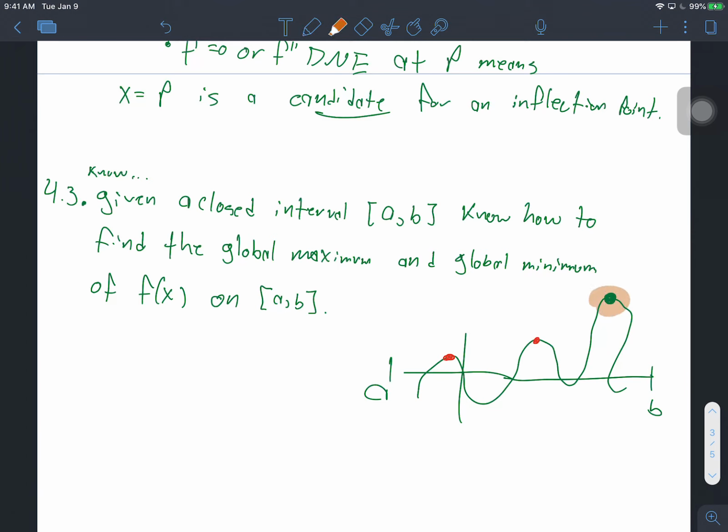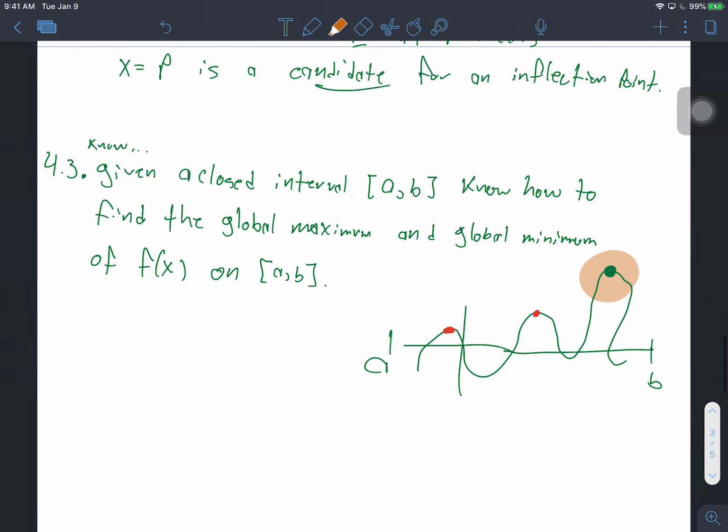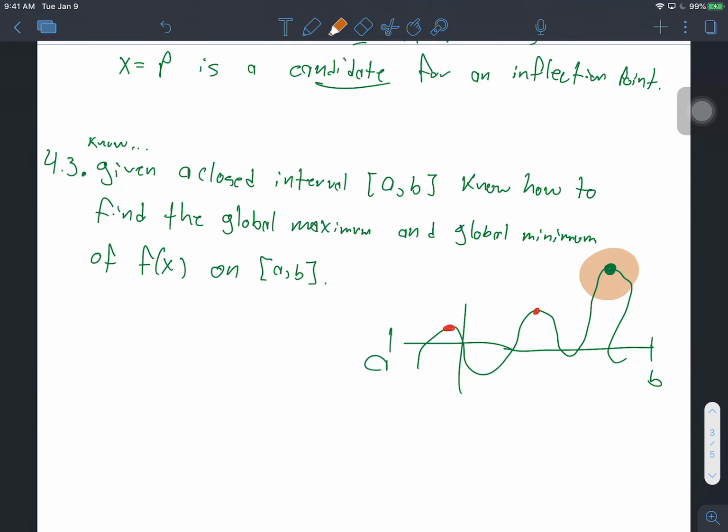Okay, so this green point is our global maximum. What else for that section? That's pretty much it. Just finding global mins and global maxes.